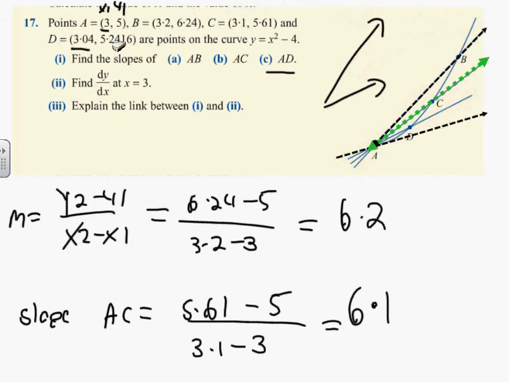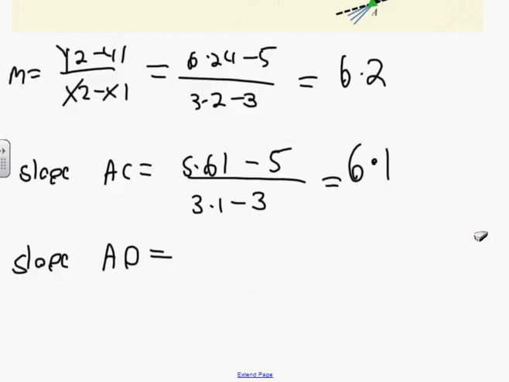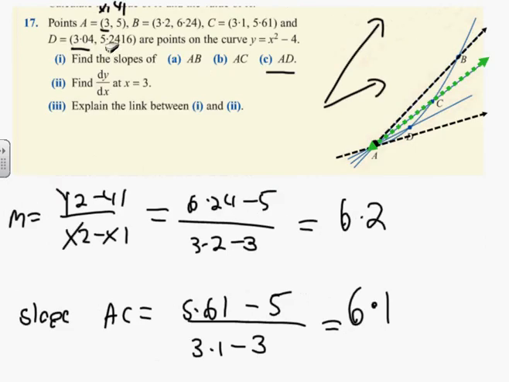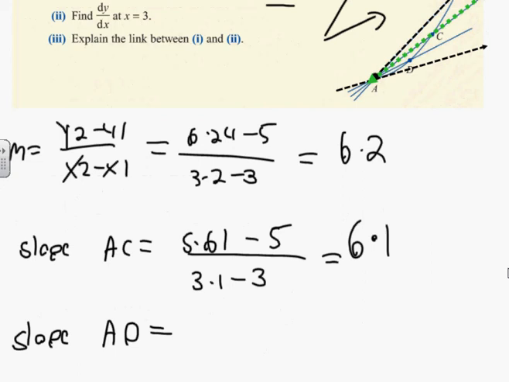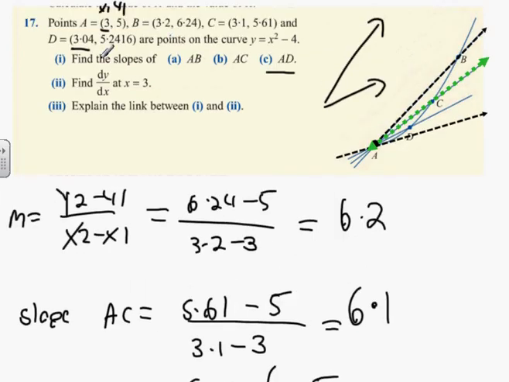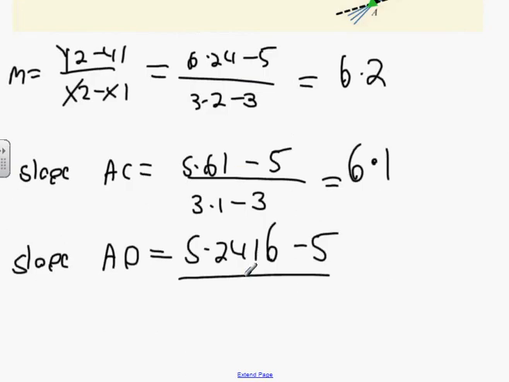Okay guys, so the slope of AD is going to be, what's D? D is 3.04. So it's going to be 3.04 minus 3. Oh sorry, the y values, excuse me. The y values are 5.2416, take away 5, all divided by 3.04, take away 3.